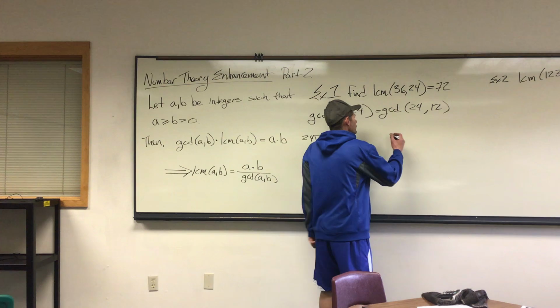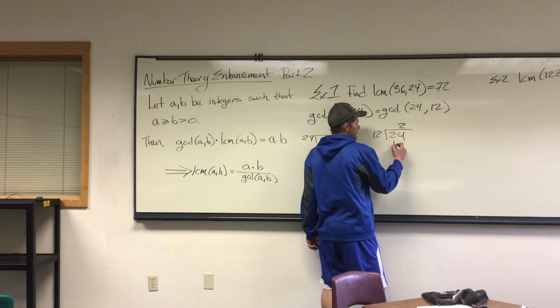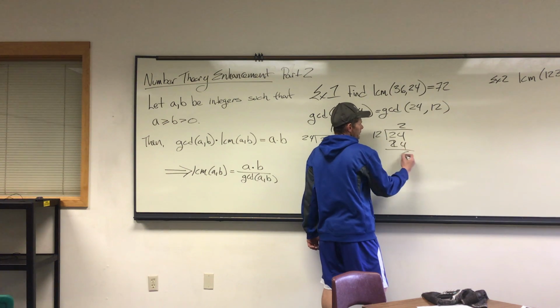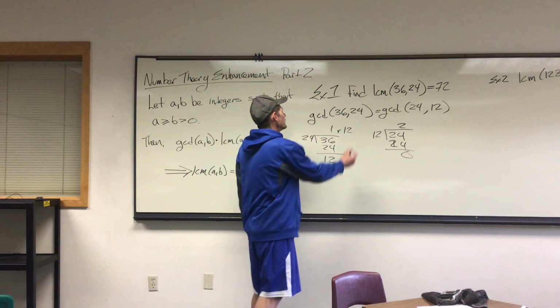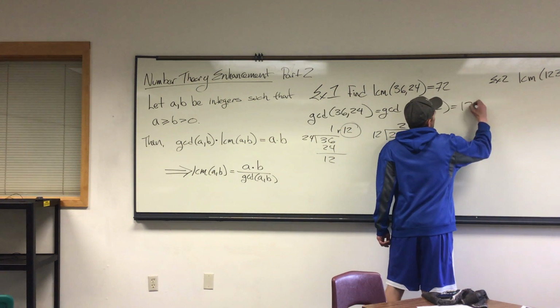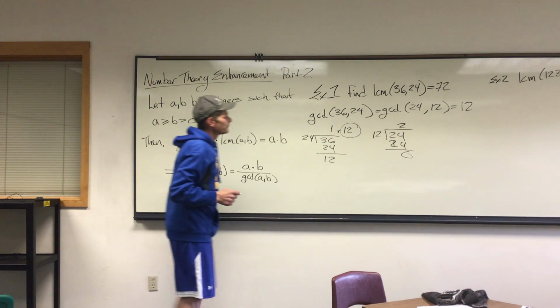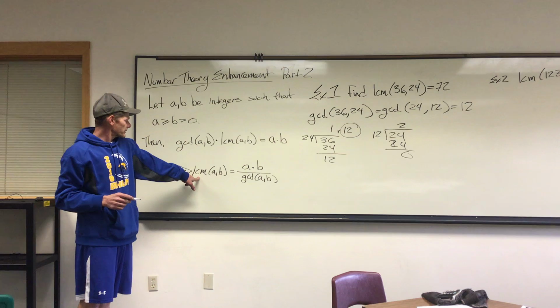So here we are, 24 divided by 12. Oh, it goes in twice, and guess what? There is no remainder. So that means that the greatest common divisor of the two numbers is our last non-zero remainder, which was 12. Okay, now I'm going to apply this formula right here.